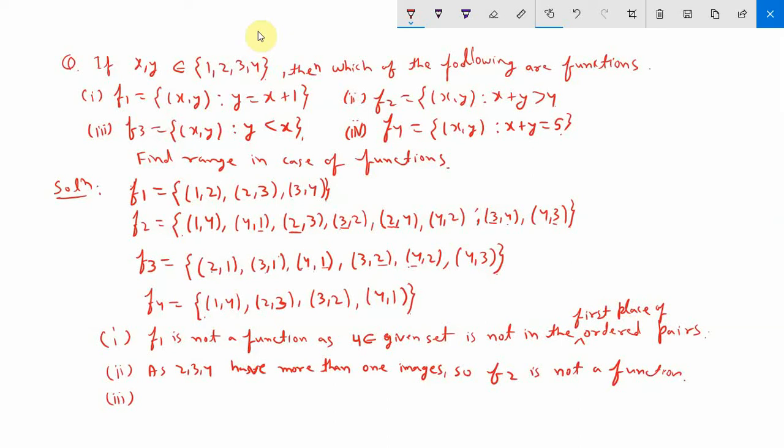So this is also not a function. F3 is not a function as 1 has no image, and 3 and 4 have more than one image.